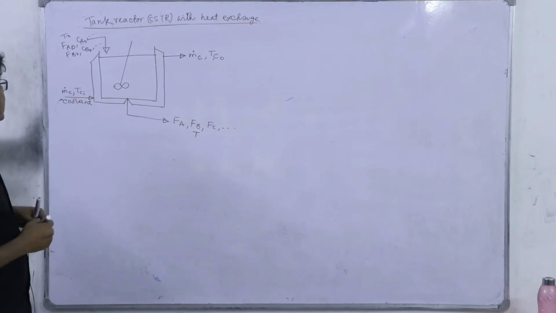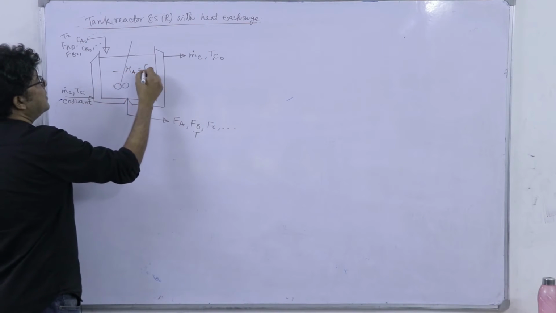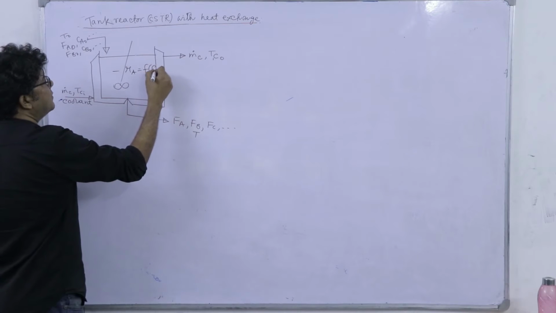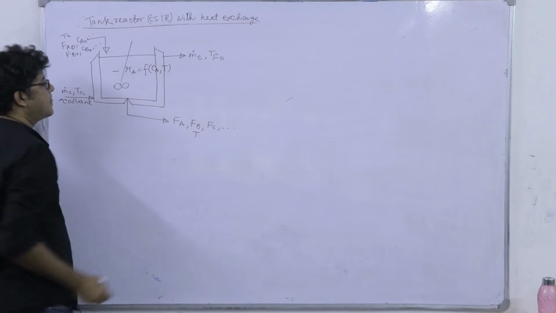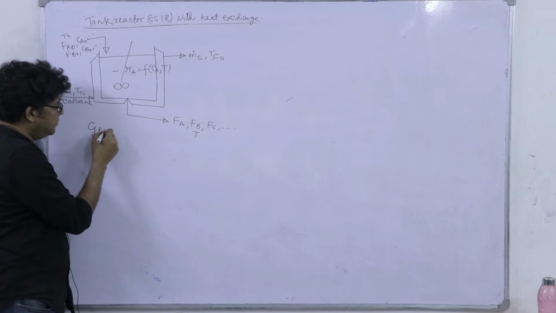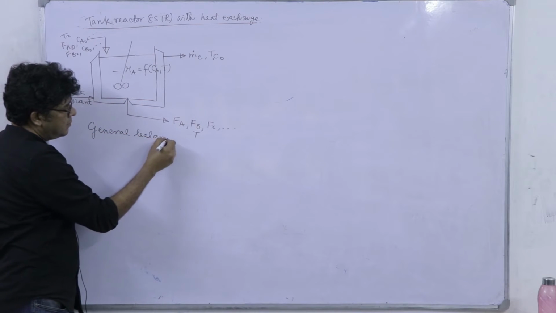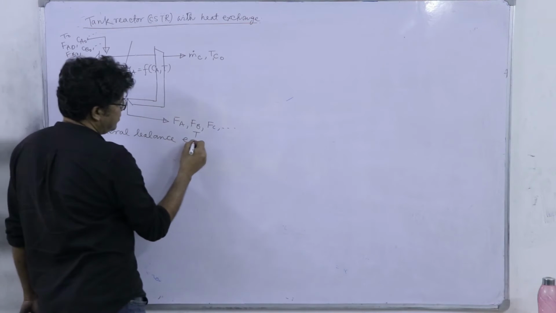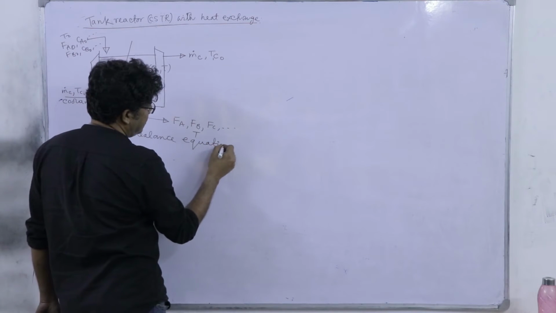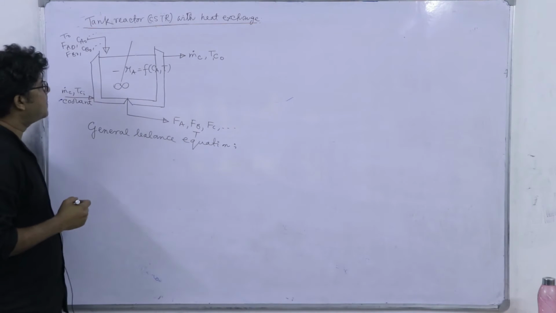So, a reaction kinetics is given, which is a function of Ca comma T, that we know. Now, if I write the general balance equation, now see what happens.